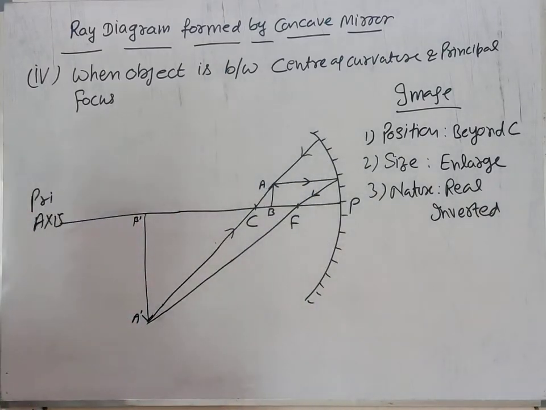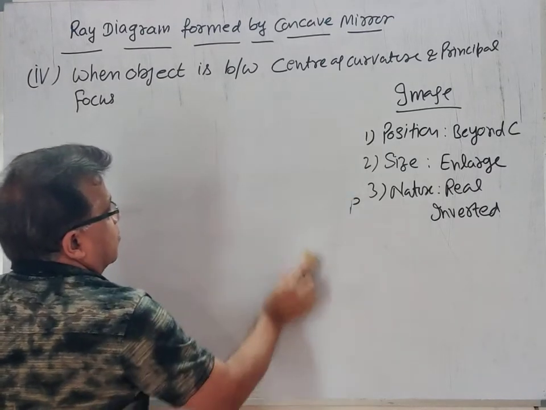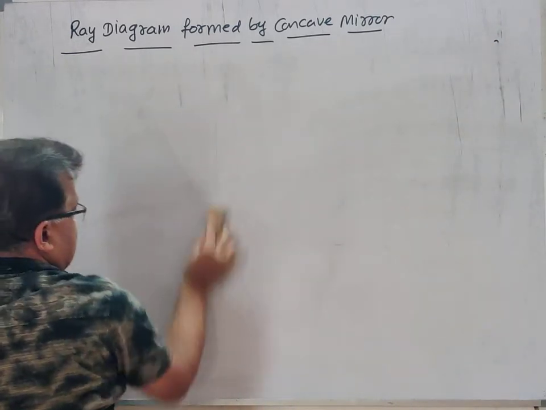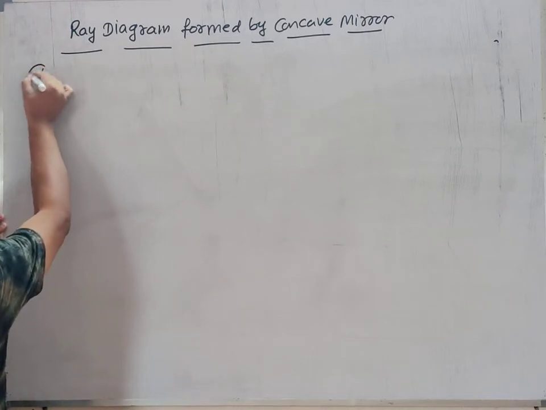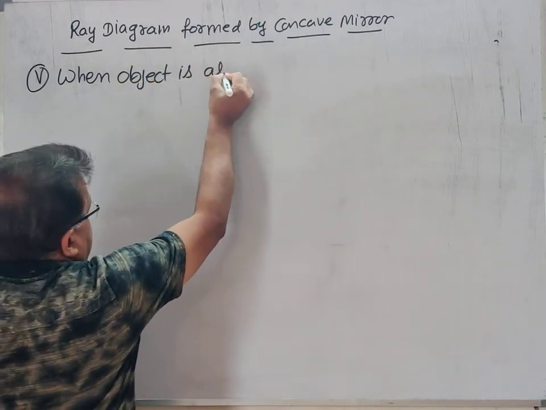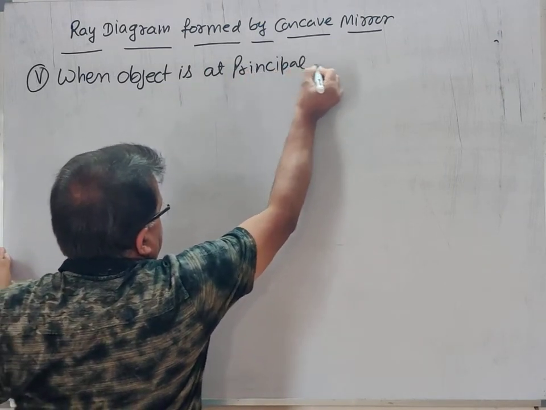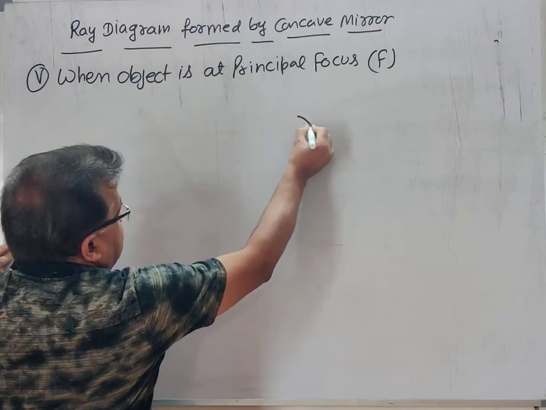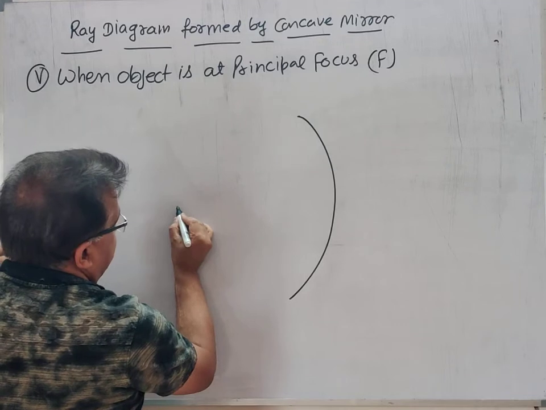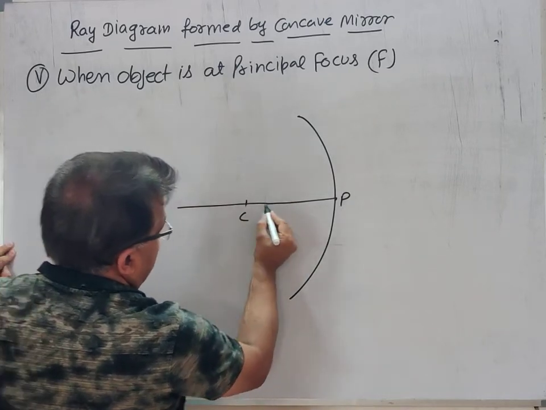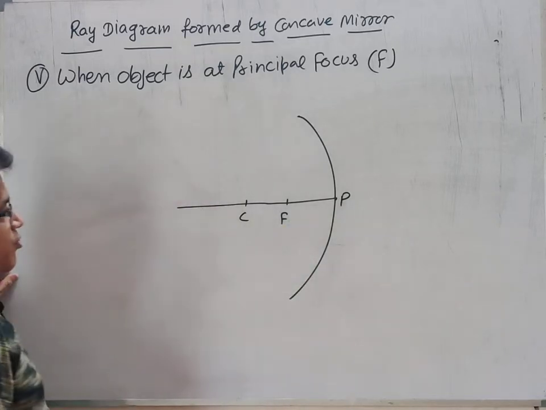Now the next ray diagram is when the object is at F. Fifth ray diagram formed by concave mirror, when the object is at the principal focus, that is when the object is at F. So again, if we make it, it is the pole and center of the mirror approximately here, and in the middle there is F or principal focus.